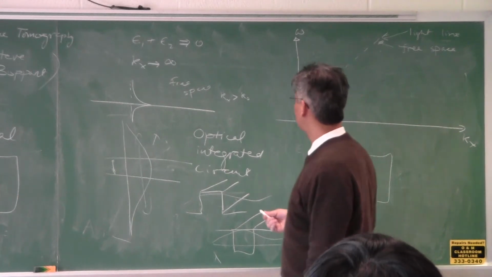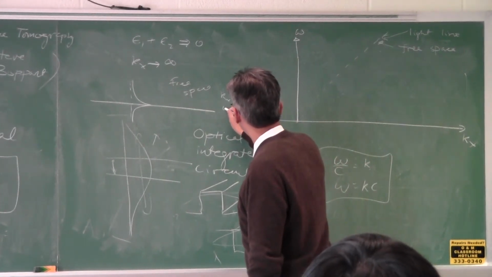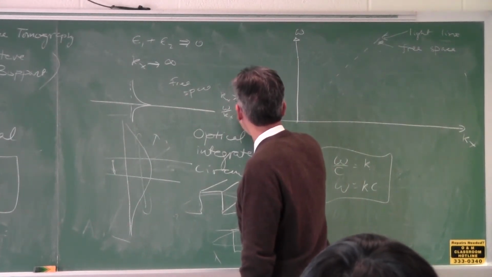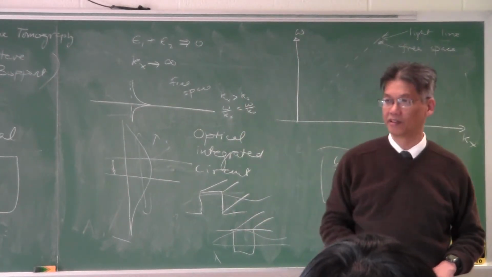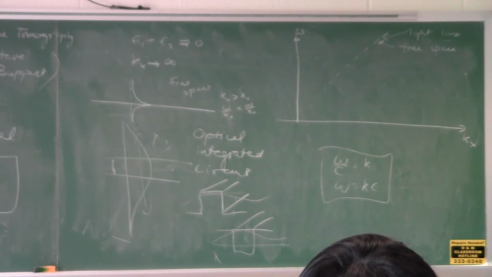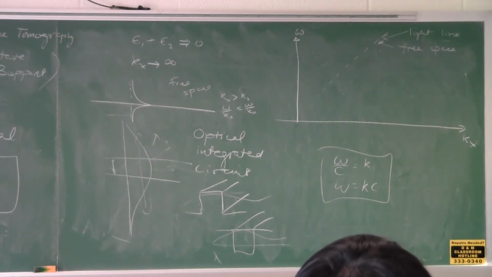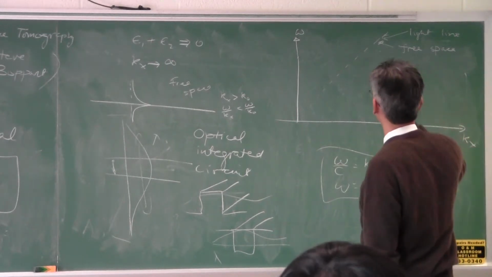And kx is larger than k naught means omega over kx is smaller than omega over k naught. What is omega over kx? The phase velocity, right? So the phase velocity of the waveguide has to be slower than that of the phase velocity of the free space.